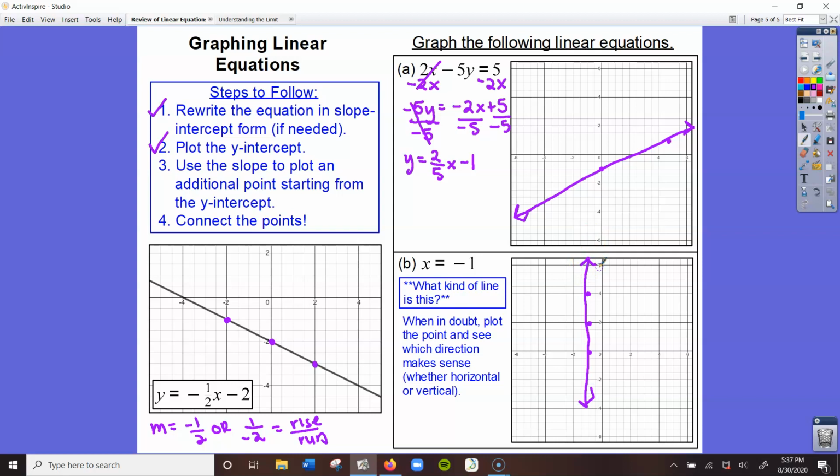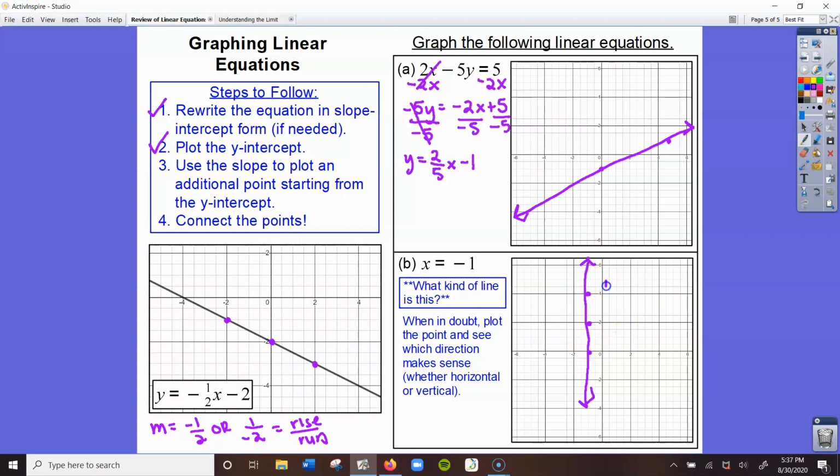Now it's important to note, I forgot to mention this earlier, all vertical lines, if I were to calculate their slope, I would have a change in y values, because it's going up and down, but no change in the x values.